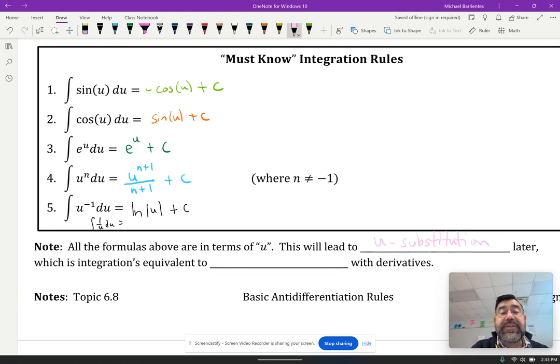U substitution, which we're going to learn later, is the integral's version of the chain rule with derivatives. We are going to undo the chain rule with u substitution, and that is going to be a fun time, I will tell you.